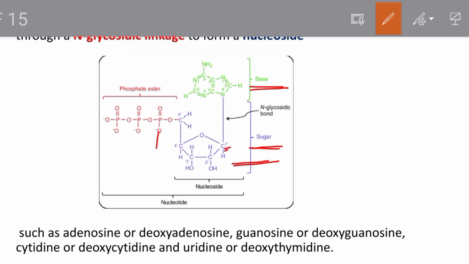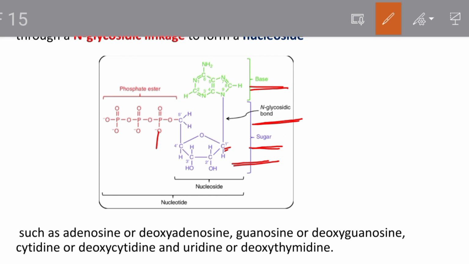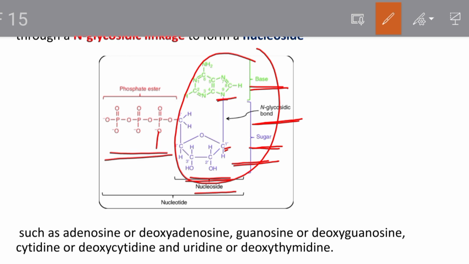You can see here it is attached to the first carbon and it forms N-glycosidic bond. N here is because it is bonded with nitrogenous base. So this portion, sugar and base together, is called nucleoside. And when phosphate group is attached to this nucleoside, it is called nucleotide.